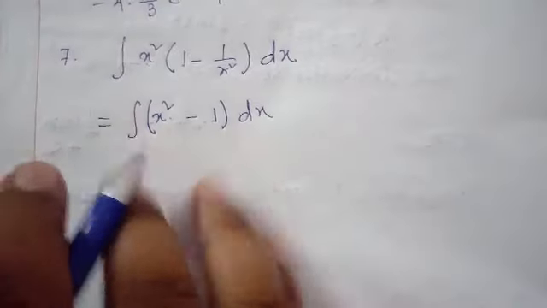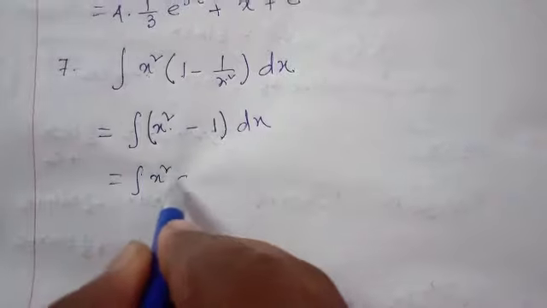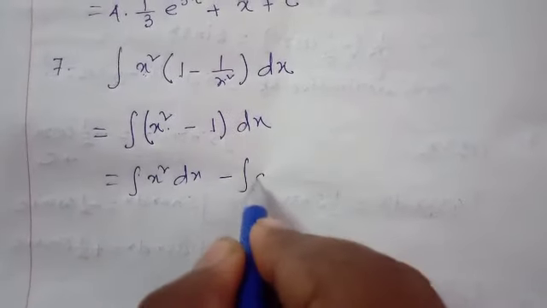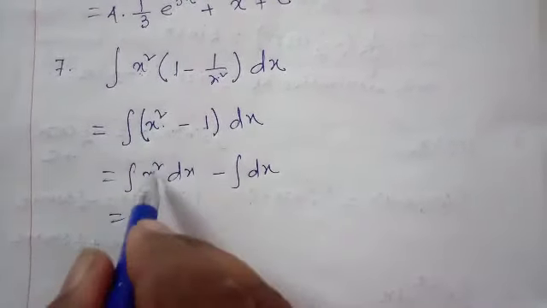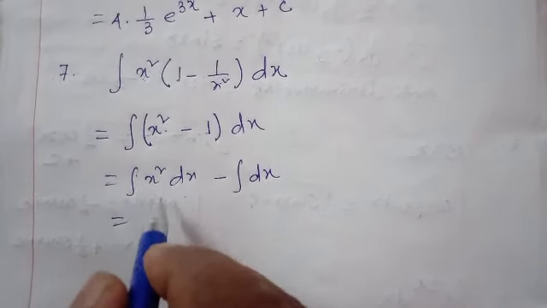Then you separate it, x square dx minus integration dx. X square, you use that formula, integration of x to the power n dx.